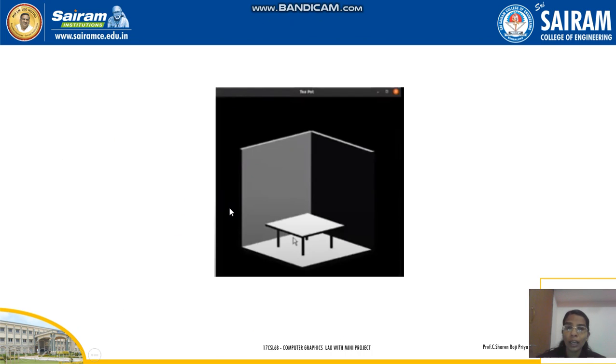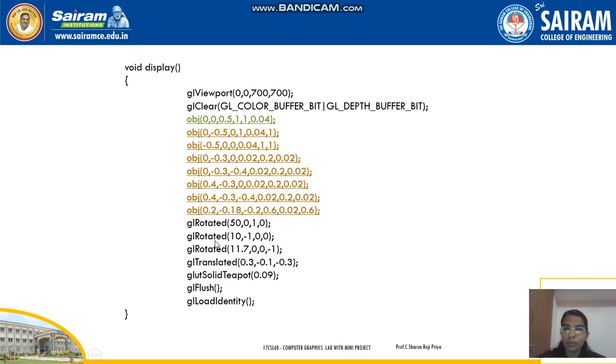This scene I'll be rotating 50 degrees in y-axis, 10 in negative x, 11.7 in negative z, and I'll translate and I'll draw my teapot. The size of my teapot is 0.09 and I'll move this teapot to this location on my table, and I'll flush it.